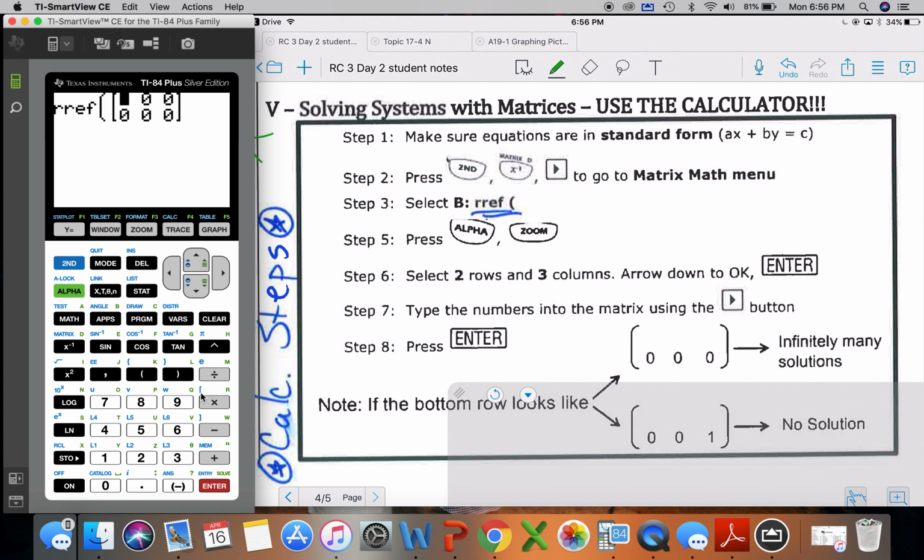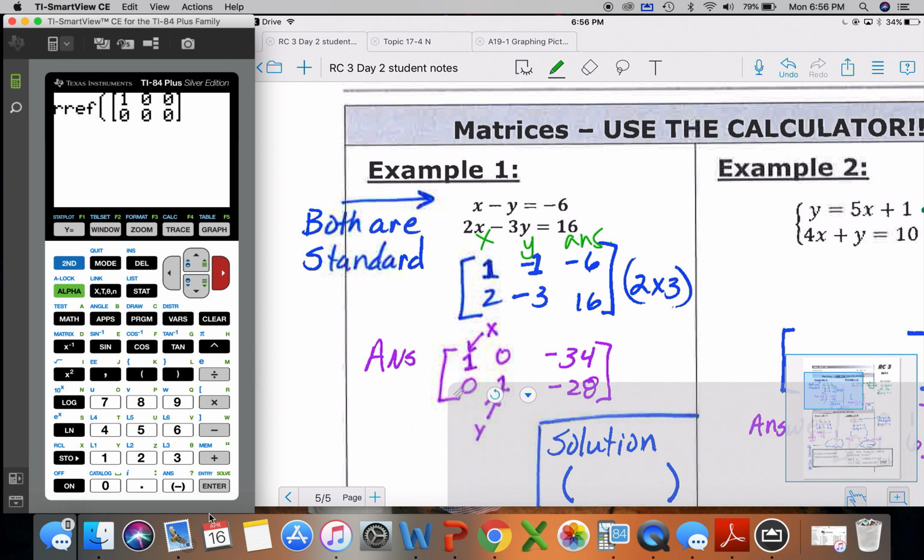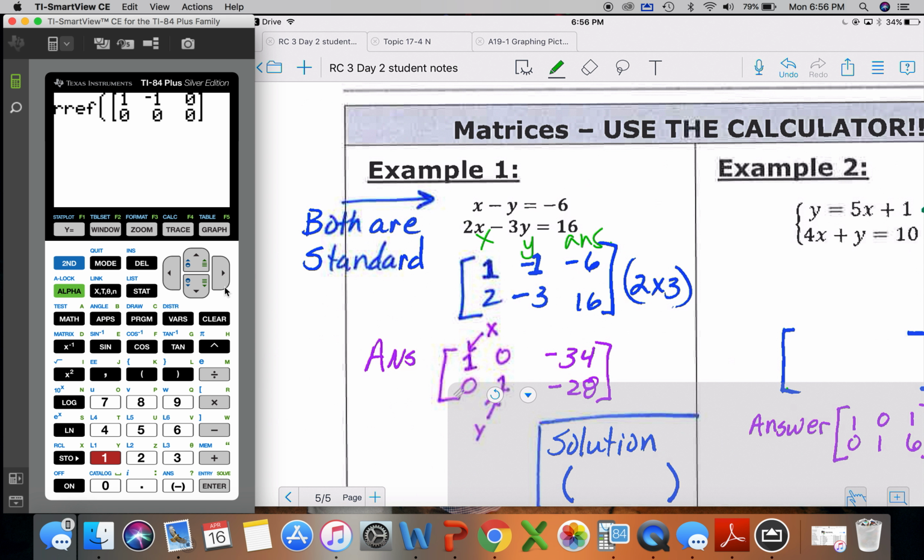So to plug it in, I put the numbers exactly like I see them. So I see a 1, and I use the arrows to go over. -1, arrow, -6, arrow, 2, arrow, -3, arrow, and 16.